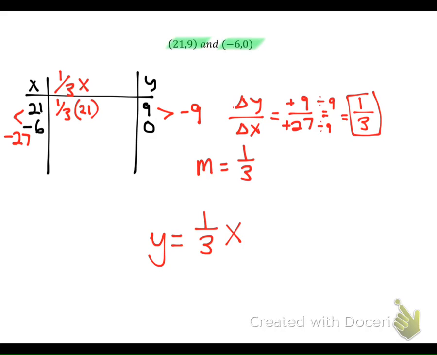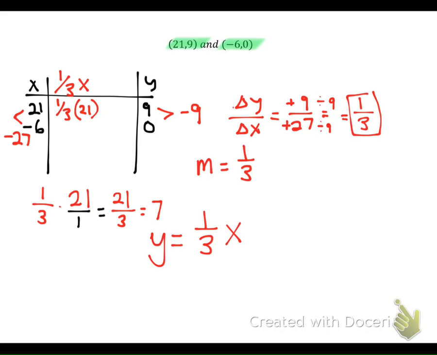So I want 1/3 times 21. I can do this down here by hand. I'm going to put the 21 over 1 because that's the same thing. I can turn my whole number into a fraction by doing that. 21 times 1 is 21. 3 times 1 is 3. Now I have 21 divided by 3, which is 7.